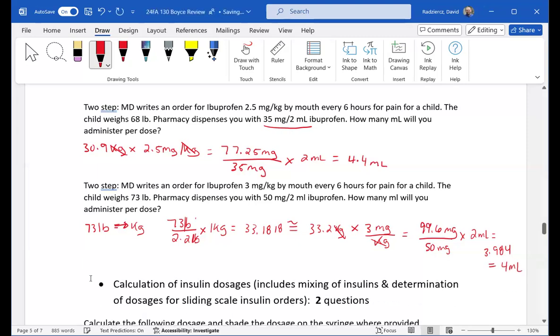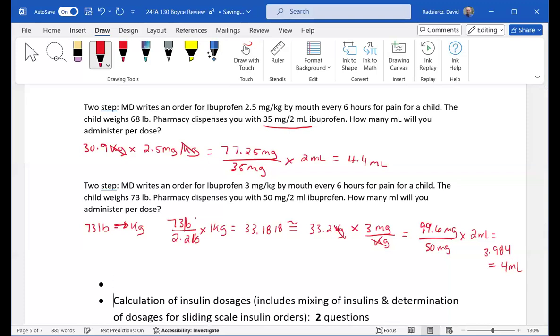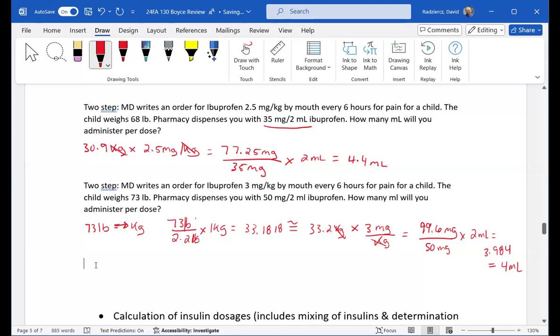If I do this using dimensional analysis, I'm going to advise you to go ahead and, as a separate step, just convert pounds to kilograms, because it'll help to make things simple. Oh no, same answer. Okay.